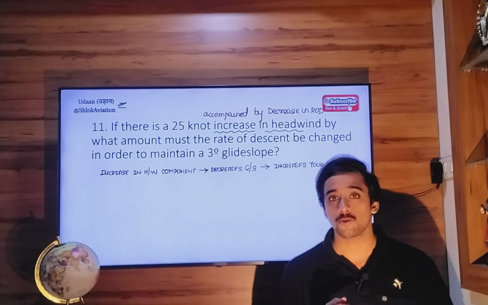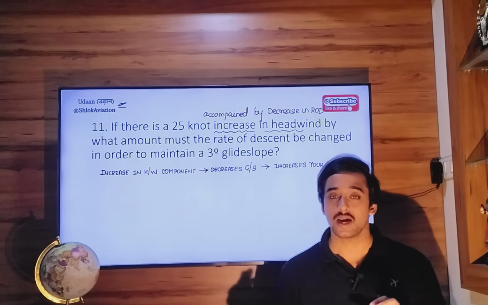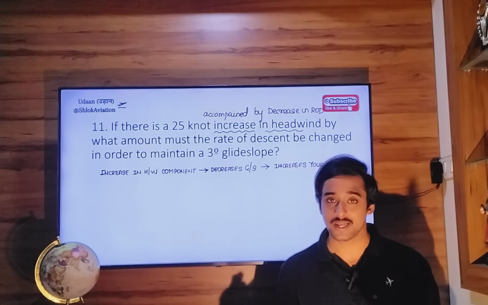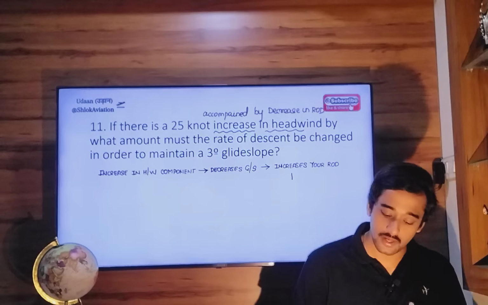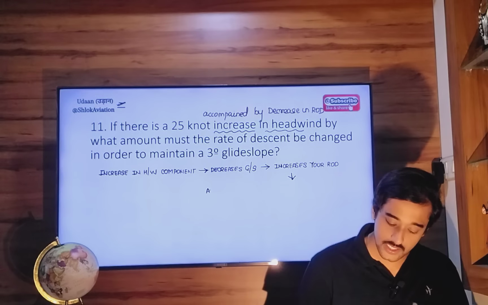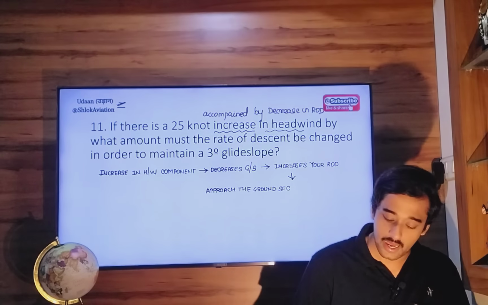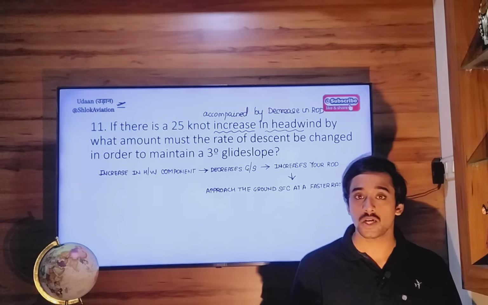The increase in headwind component further decreases your ground speed. All these combinations make it favorable for a higher than normal rate of descent. What does that mean? Increase in rate of descent means you will approach the ground surface at a faster rate. That means you will come down to the ground much more quickly.